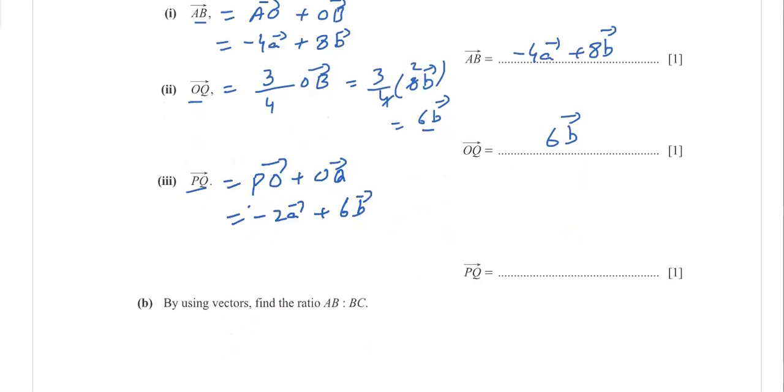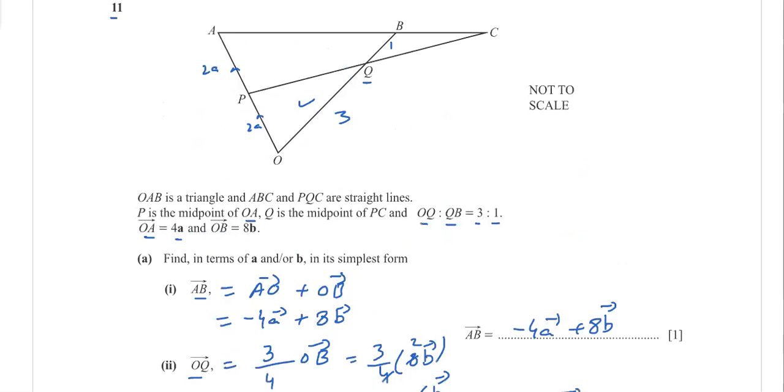And then next, by using the vector, find the ratio AB ratio BC. To find the AB ratio BC, I need the vector AB and BC first. We already found AB is minus 4A plus 8B, but I need to find BC also. Q is the midpoint, so PQ and QC will be the same. BC will be BQ plus QC.